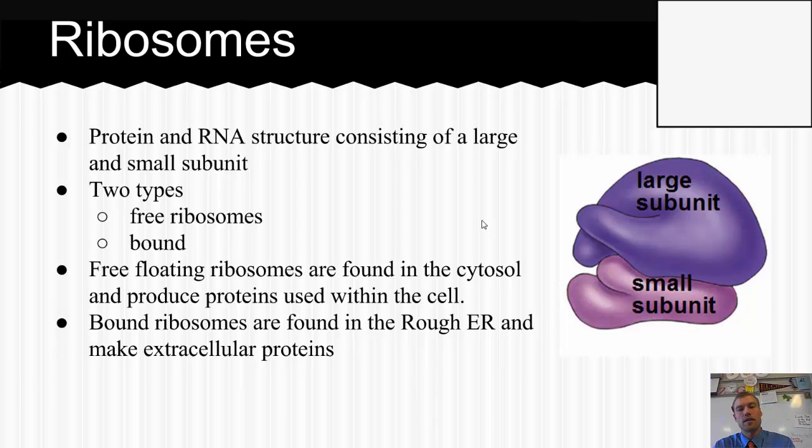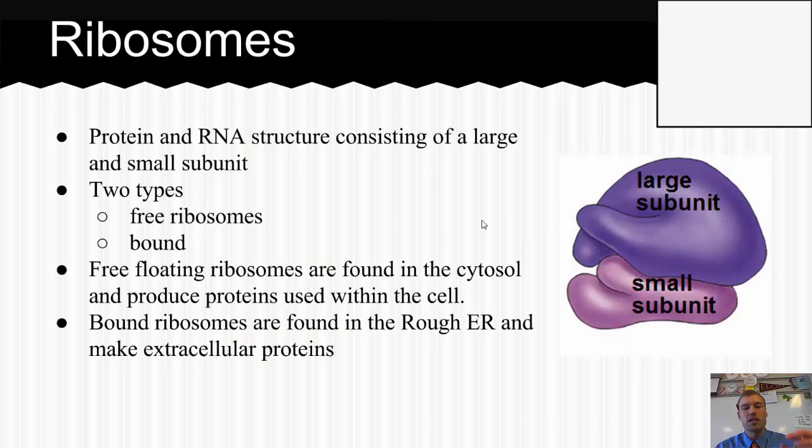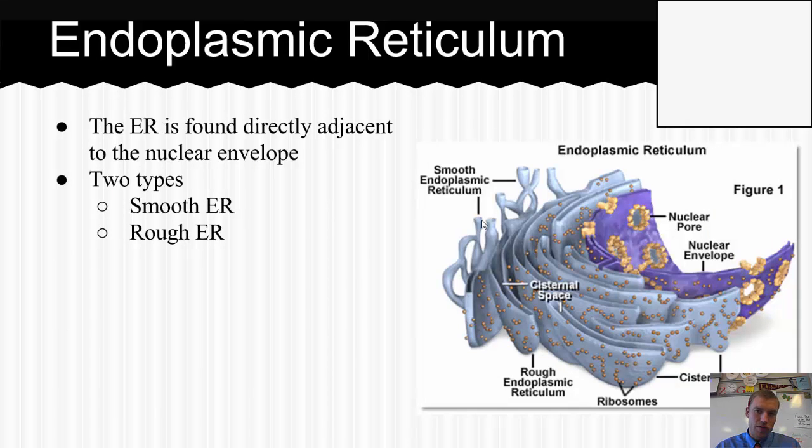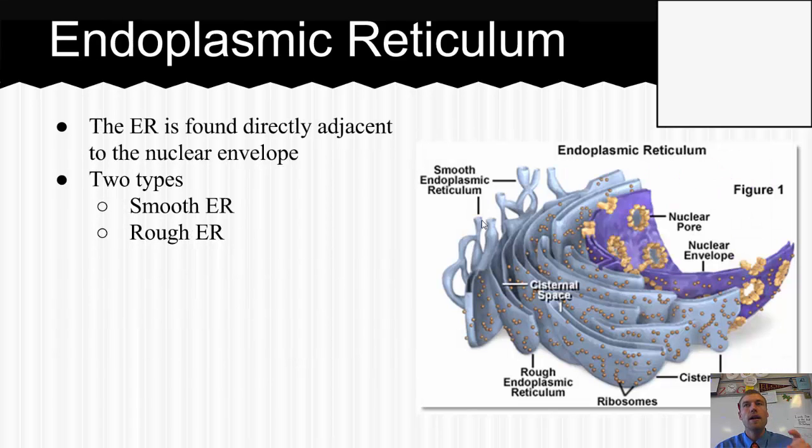So the main deal with the endomembrane system is that we're starting with the nucleus, okay? We've got the information that's found inside the nucleus. That information is then going to be sent to the rough endoplasmic reticulum, or free-floating ribosomes. But in particular, in the endomembrane system, we're focusing on the information that's going to the endoplasmic reticulum, because it is located directly next to the nuclear envelope.